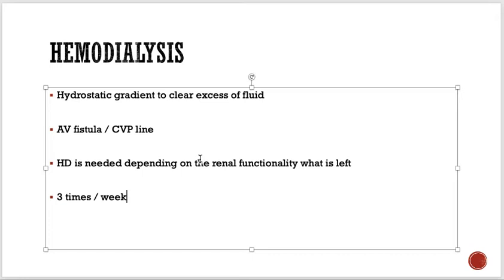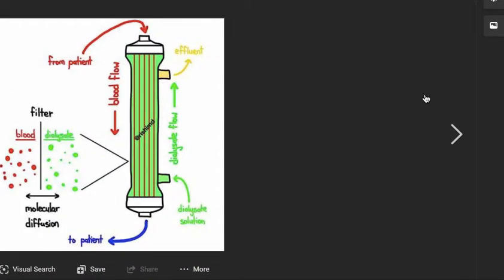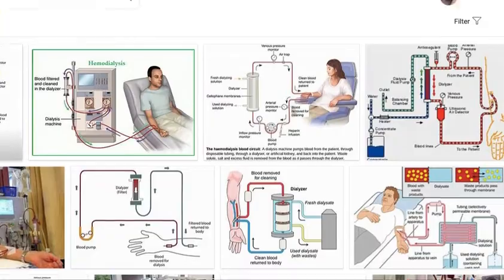So this is the thing, and there are advantages and disadvantages of hemodialysis, right? Of course, there are a lot of advantages and disadvantages. By the way, I can open this somewhere here because we'll find it.